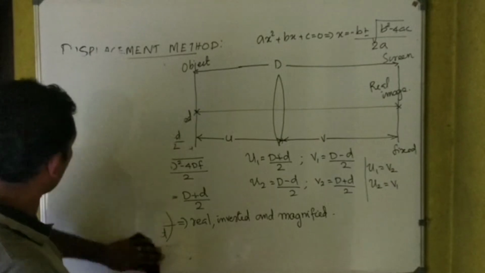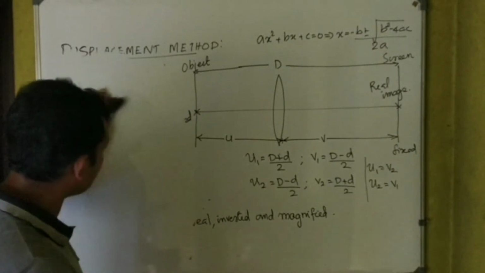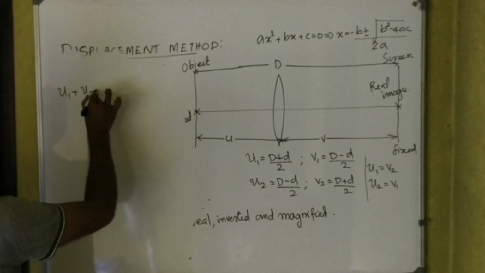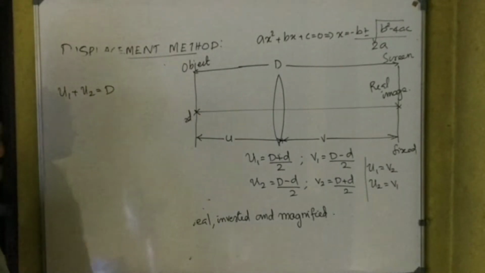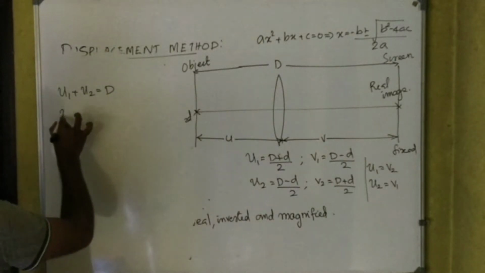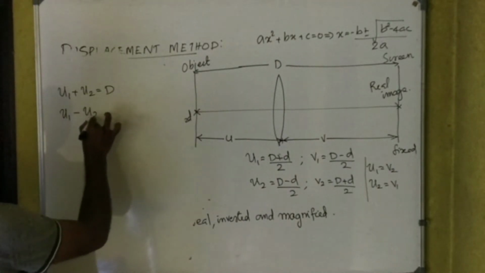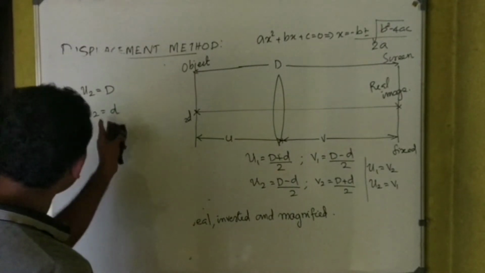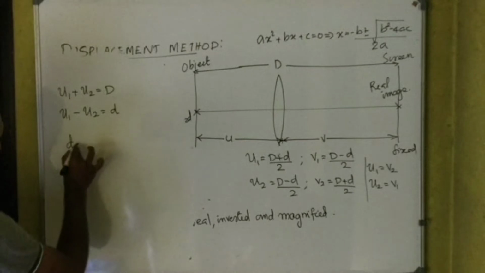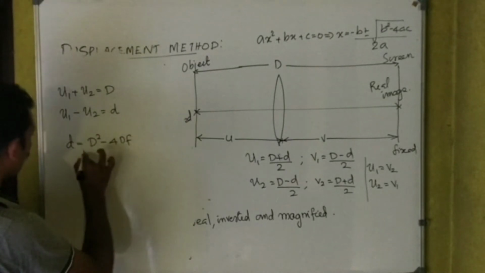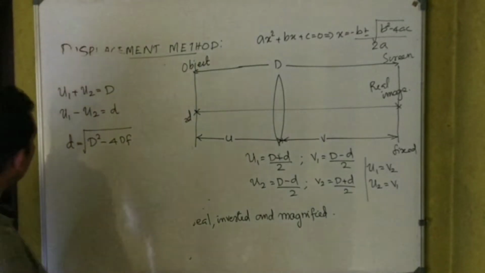Probably you might have noted. Now from here you can see that u1 plus u2 is equal to capital D. Right? And u1 minus u2 is equal to small d, where small d is equal to what we got? Square root of D square minus 4df. Agree.